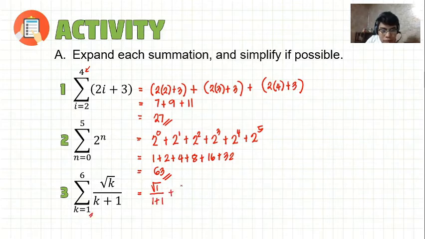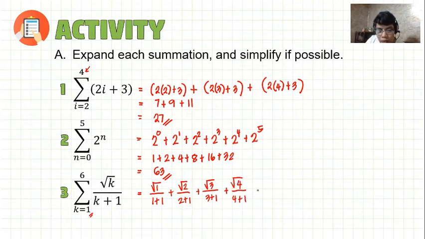Okay, then square root of 2 over 2 plus 1, then square root of 3 over 3 plus 1, until 6. Okay, so you will just write until 6. 4 plus 1, square root of 5 over 5 plus 1, then square root of 6 over 6 plus 1.